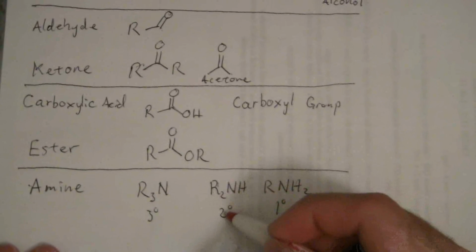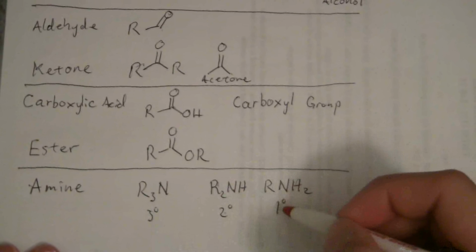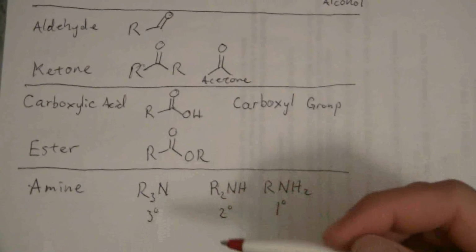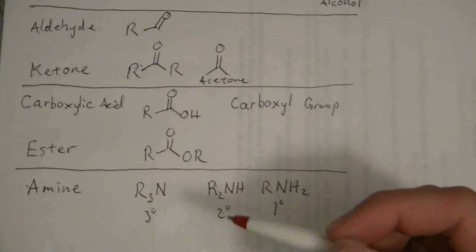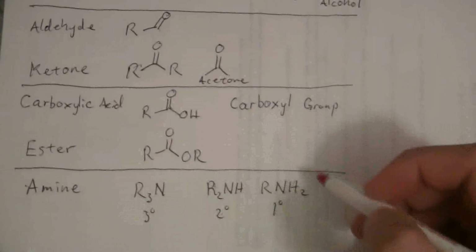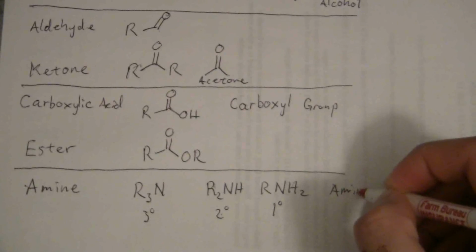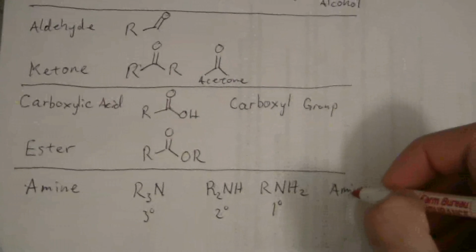Two carbon groups, secondary. Only one, it's primary. If three carbon groups, then it's a tertiary amine. But the group name is an amino group.